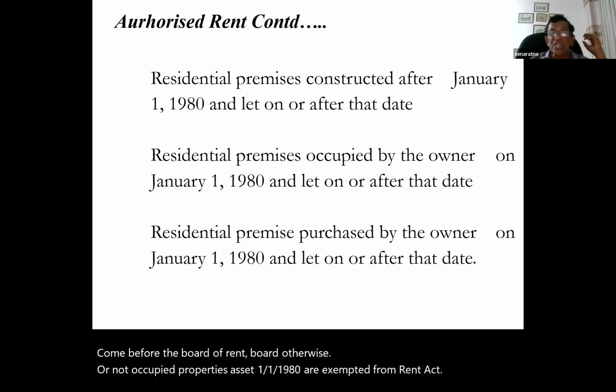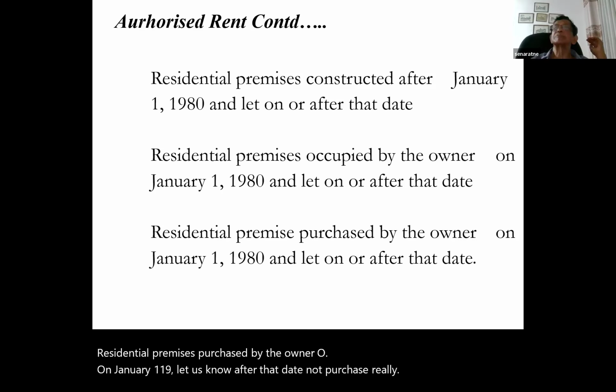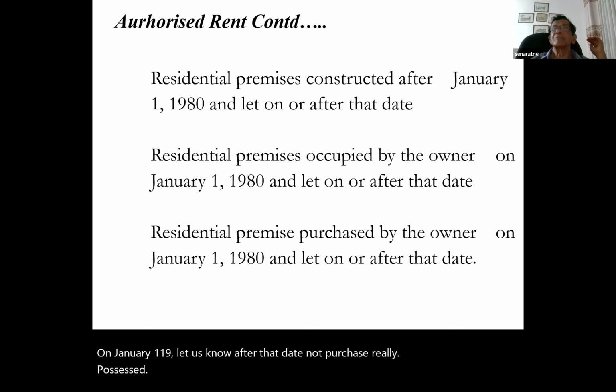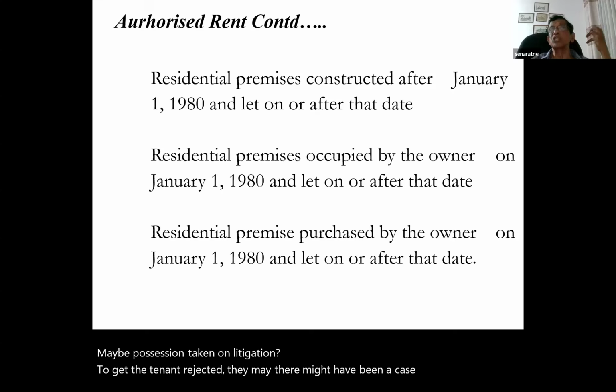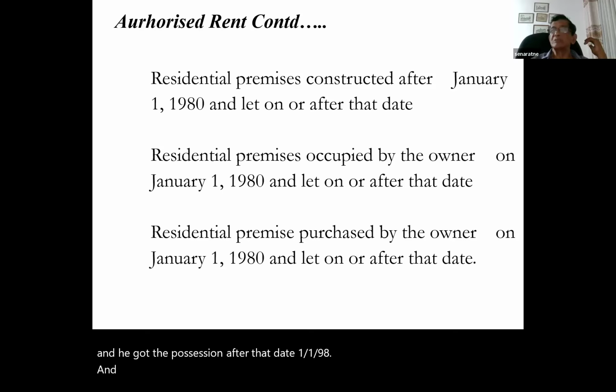Thirdly, residential premises purchased by the owner after January 1, 1980 and let on rent after that date, not purchased really, possessed. Maybe possession taken on litigation. To get the tenant ejected, there might have been a case filed in the courts and he got the possession after that date, 1/1/1980, and given on rent after getting the possession. Those are exempted.